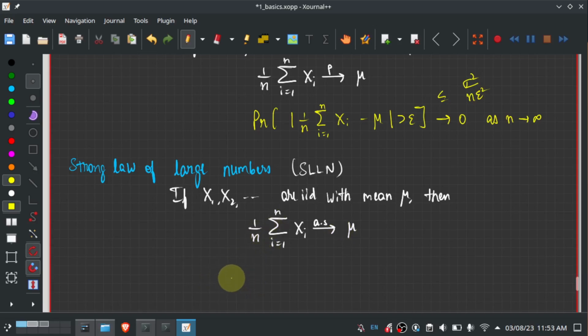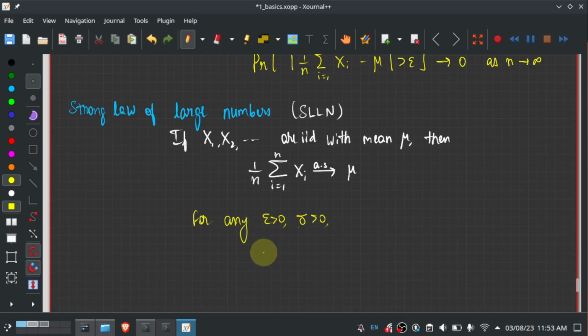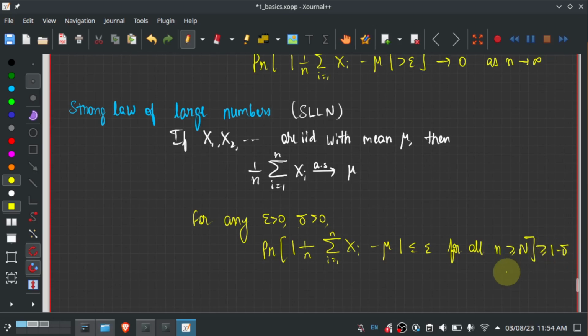So for any given epsilon greater than 0 and delta greater than 0, the probability that |(1/n) summation i equal to 1 to n Xi minus mu| is less than or equal to epsilon for all n greater than or equal to capital N is at least 1 minus delta. So it's very close to 1.